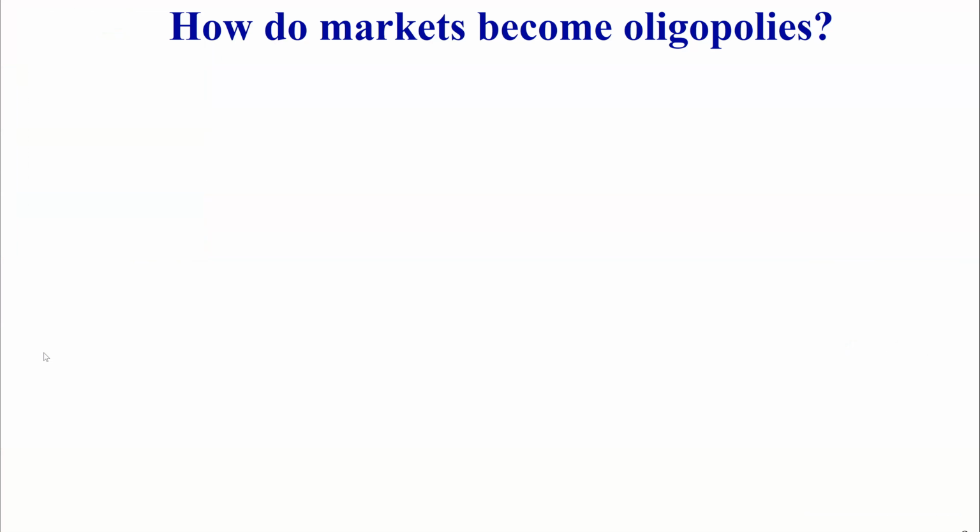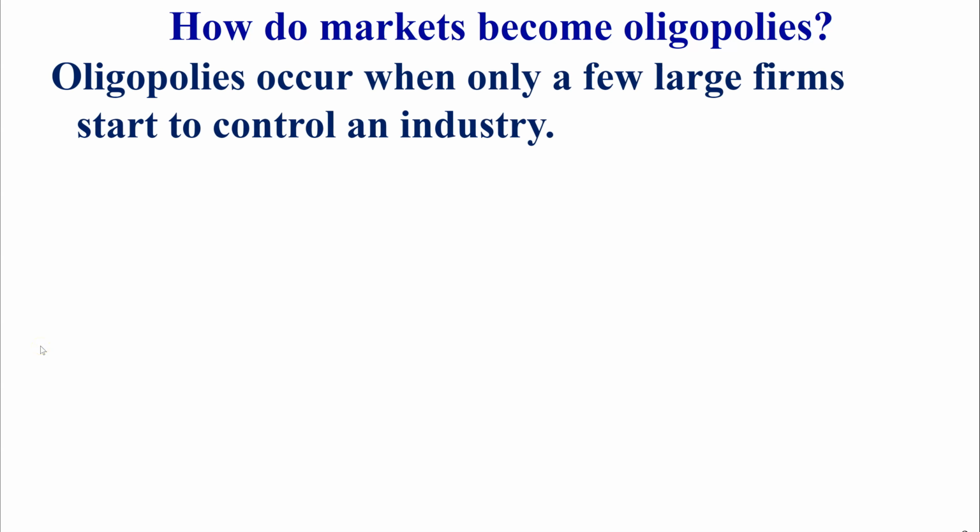So how do these markets that we've looked at become oligopolies? This is when we have market power in some way, shape, or form, and they're able to control that industry because there's only a few of them. So with the light bulb space, for instance, you've got two major players, GE and Westinghouse, and they're able to control the market and control production, and that production drives prices up or down as a result.